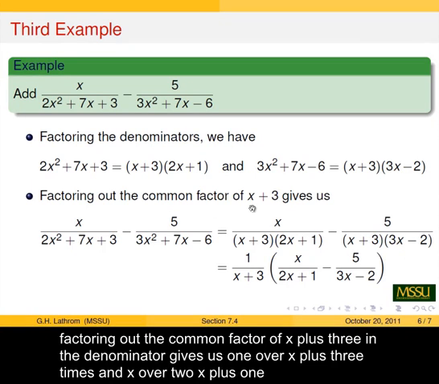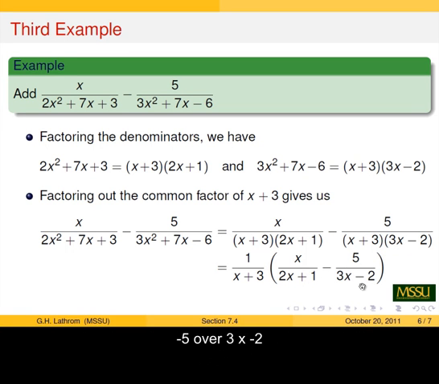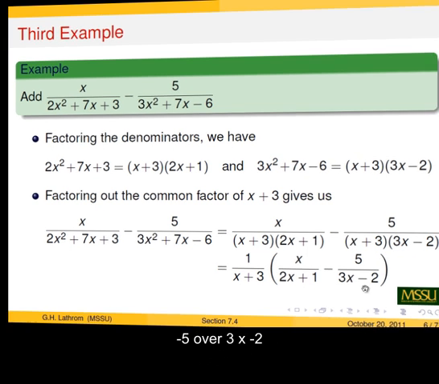Factoring out the common factor of x plus 3 in the denominator gives us 1 over x plus 3 times x over 2x plus 1 minus 5 over 3x minus 2.